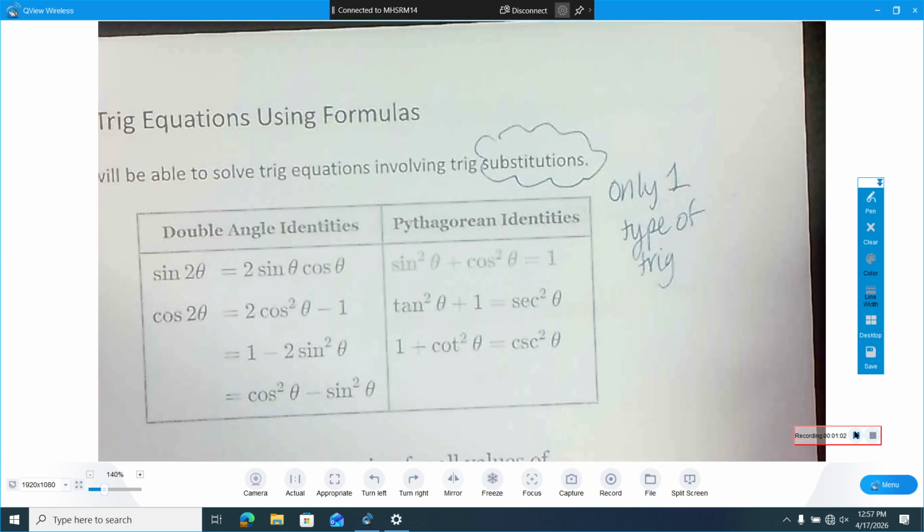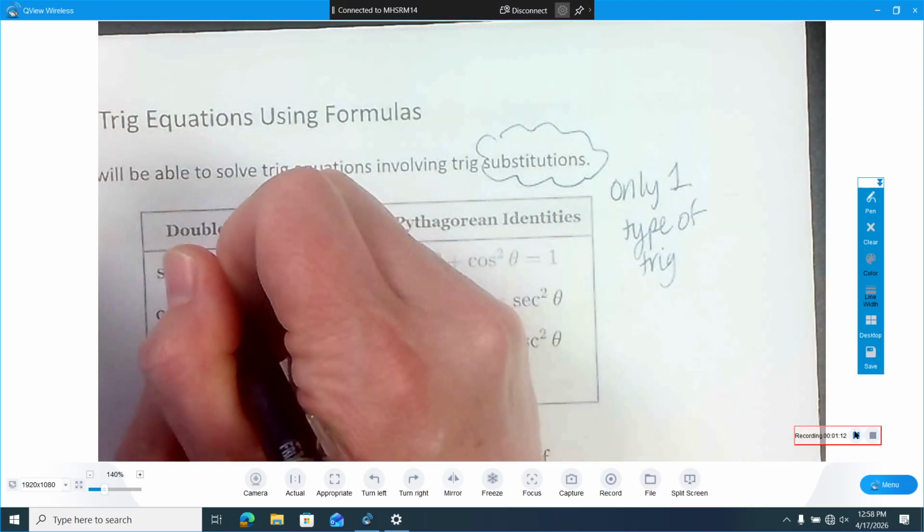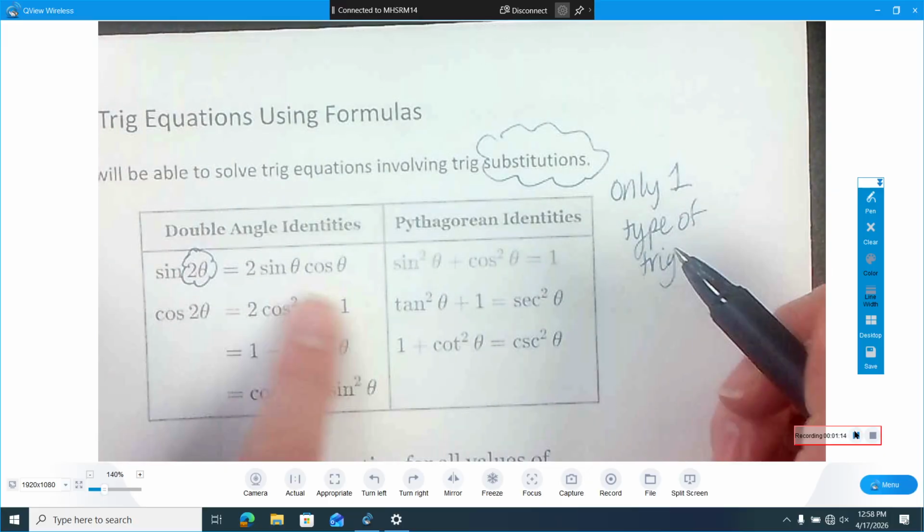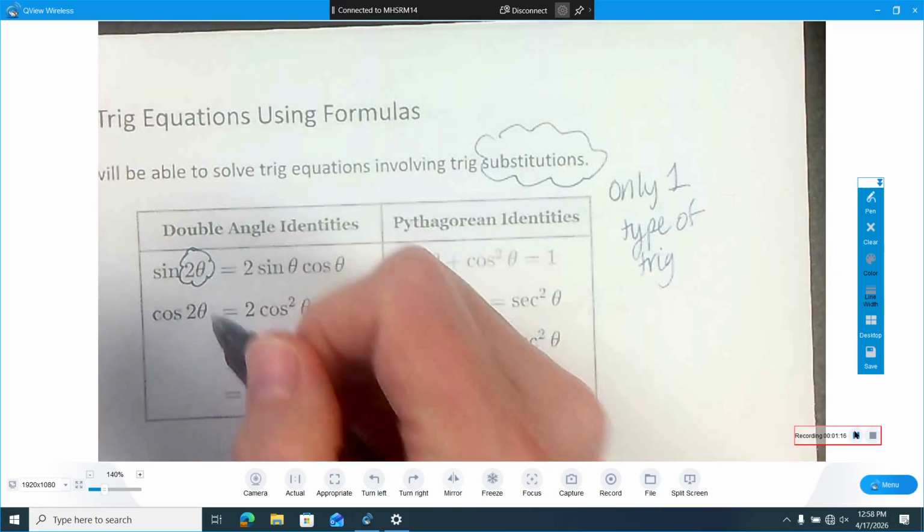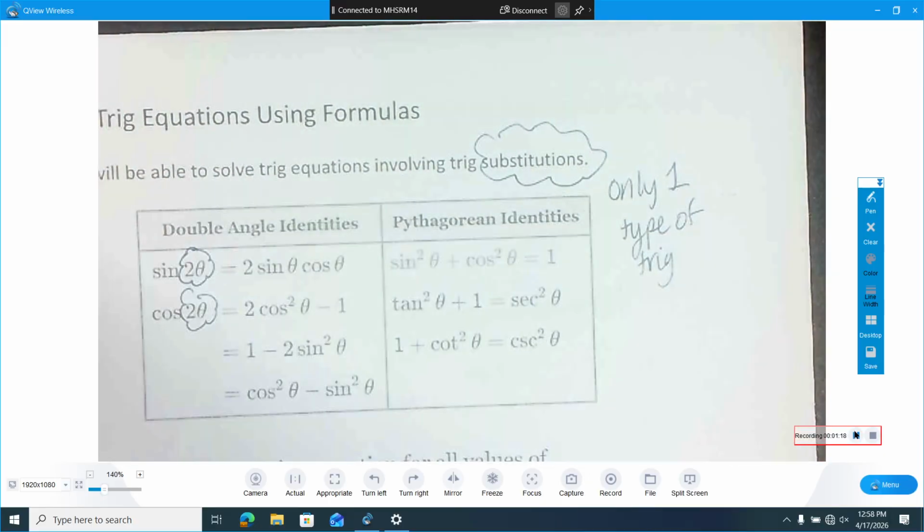So you don't want to have sines and cosines necessarily. You can do it sometimes, but those are the kinds of substitutions we're going to look for. And then, of course, if you see a double angle, we want to expand that somehow. So you want to pay attention to see if you have any double angles in your equation and do some substitutions to get rid of other things as well.